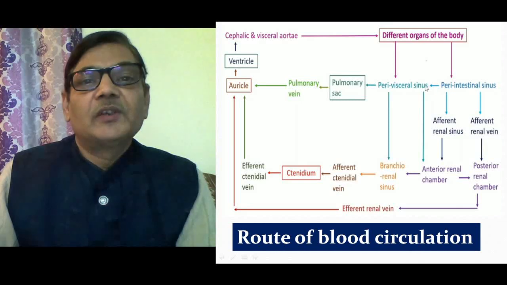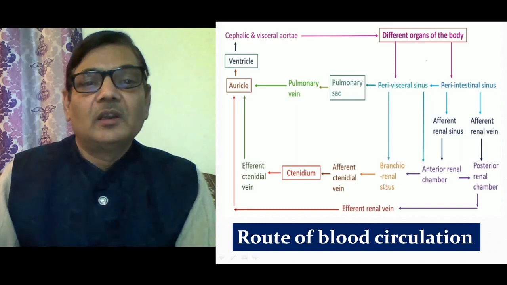If perivisceral sinus receives blood, then this blood may go to pulmonary sac during the aerial mode of respiration, and it can also supply its blood to the branchiorenal sinus, that is to the region of renal organ.